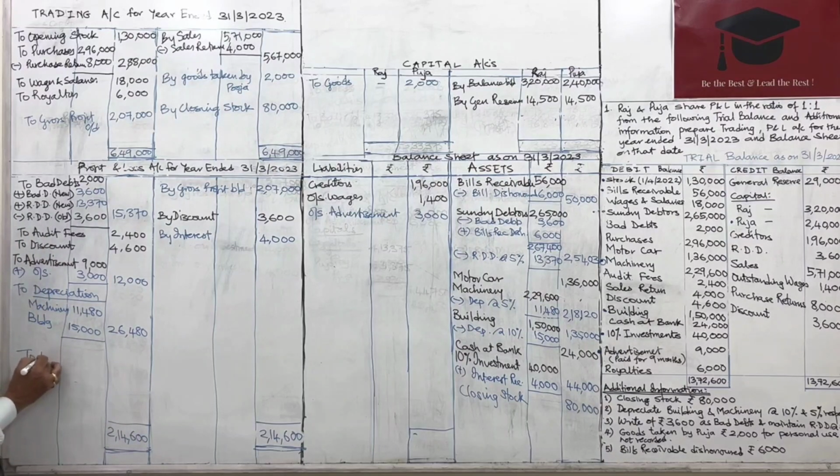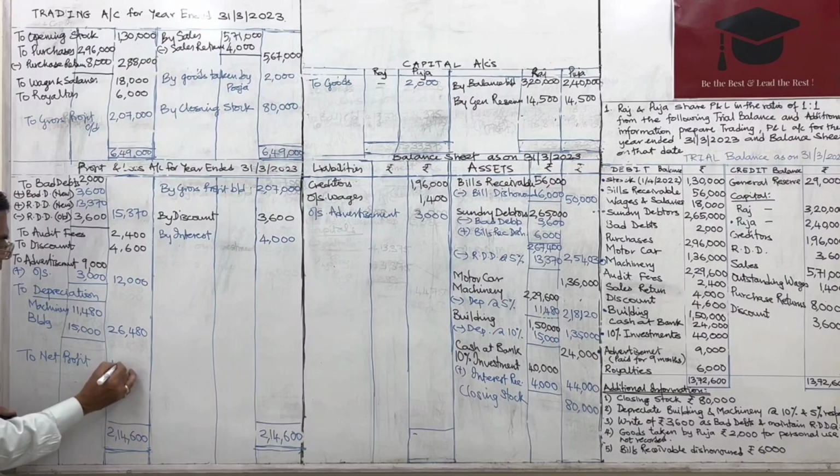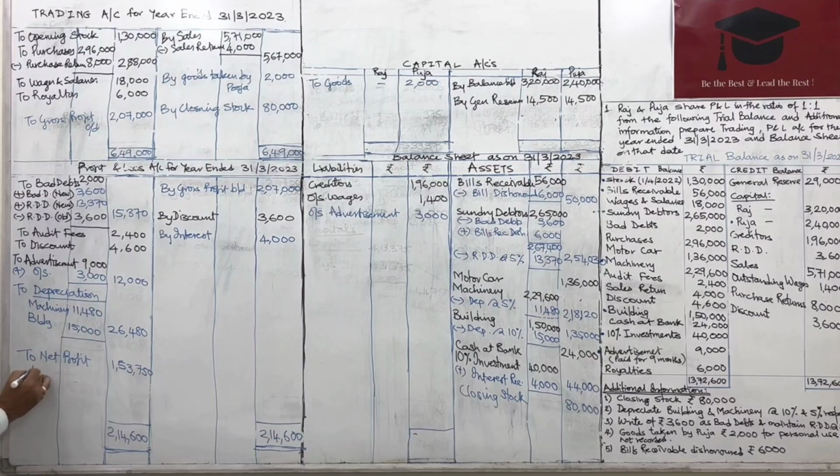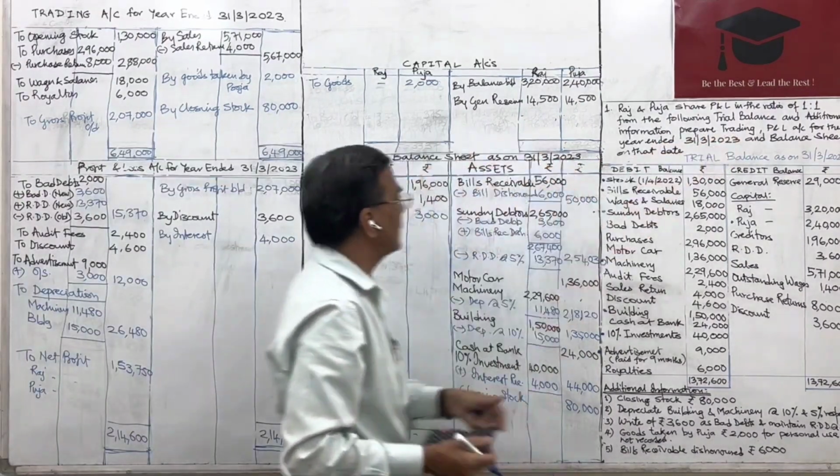And you'll get the net profit, 1,53,750, and we share this amongst the partners, Raj and Pooja, in their profit sharing ratio, and their profit sharing ratio is given as equal.